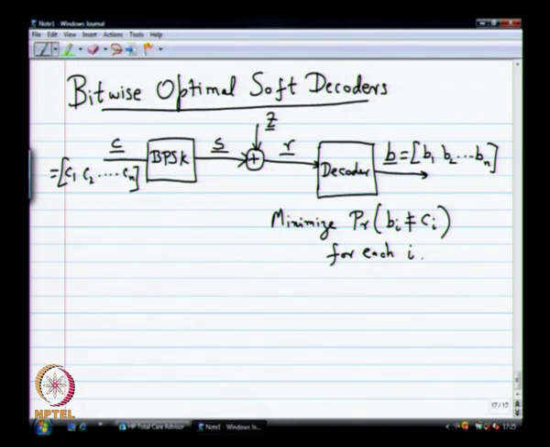So there is some transmitted code word bit, I want to output a bit in the ith position, so that the probability that my output is not equal to the transmitted code word bit is minimal, that is what I want to minimize.